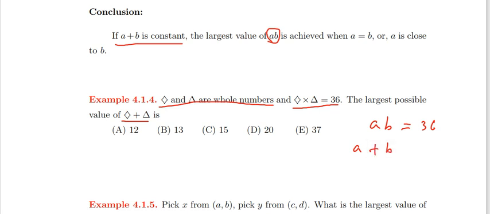The largest value is achieved when they differ as much as possible, not close. If they are close or equal, that gives the smallest, like 6 plus 6.